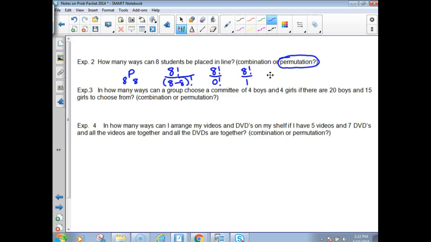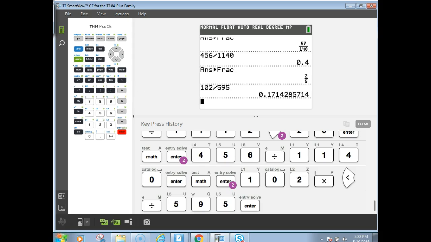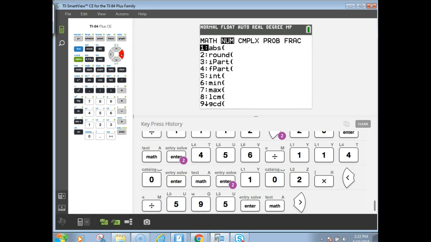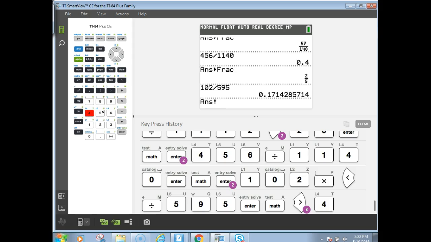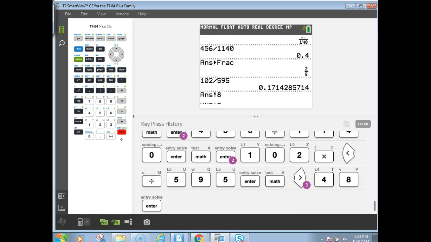And what 8 factorial means is 8 times 7 times 6 times 5 times 4 times 3 times 2 times 1. Okay? If you multiplied all those, or if you used your calculator, and I'll show you where you can do 8 factorial, and I'll show you also where you can do 8P8. So if you go to math, arrow over to probability, PRB, 4 is factorial, and I think I have to put in the 8 first.